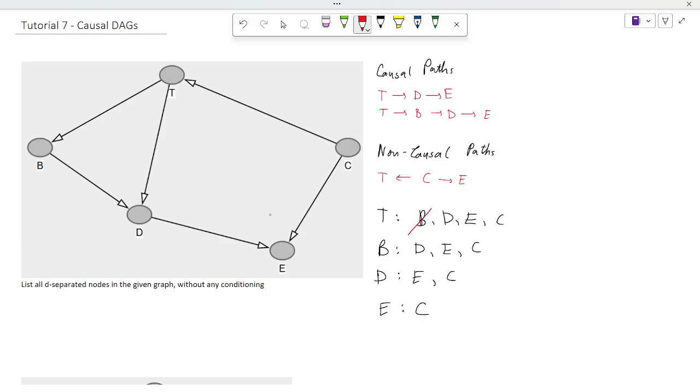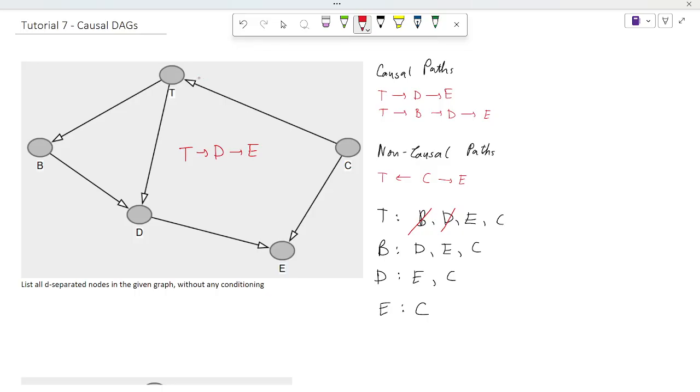Next, you have to look at T and D. And since I can clearly see that between T and D there is a direct path open, I know that they can't be d-separated either. Next, I have T and E. So between T and E, if I just list down the first path that I see, this is what it looks like.